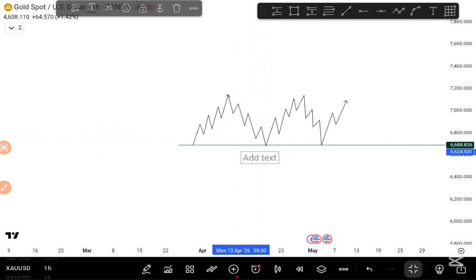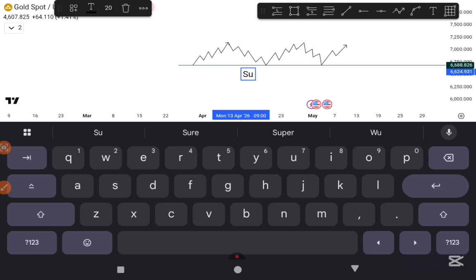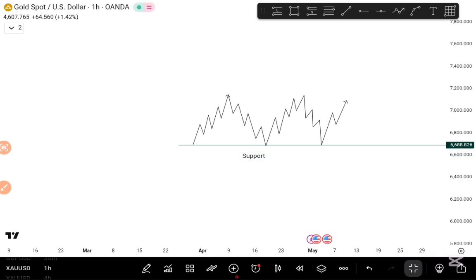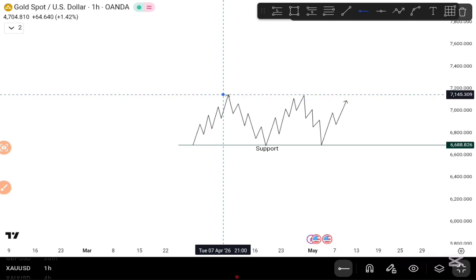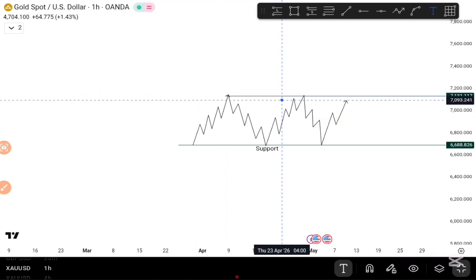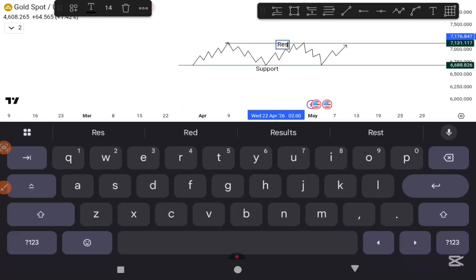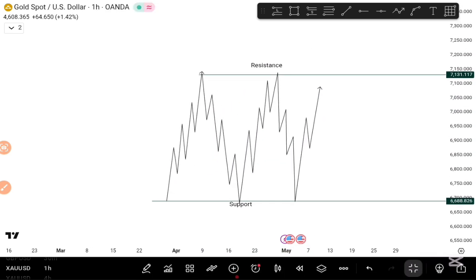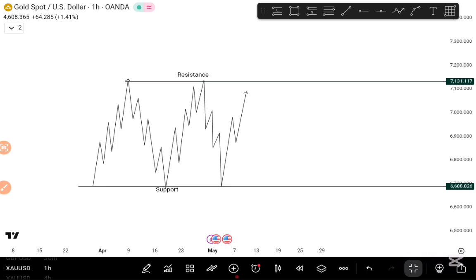I'm going to be quite fast on this stuff. Call this support. Let's reduce this a bit. Then at this level where the market is reacting from, we can call this a resistance.